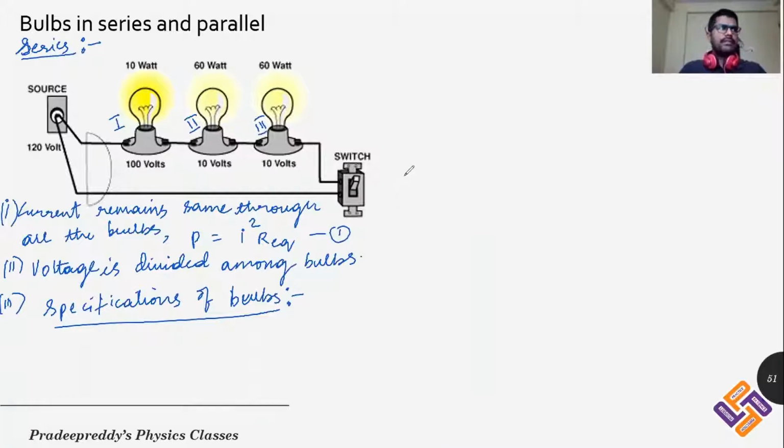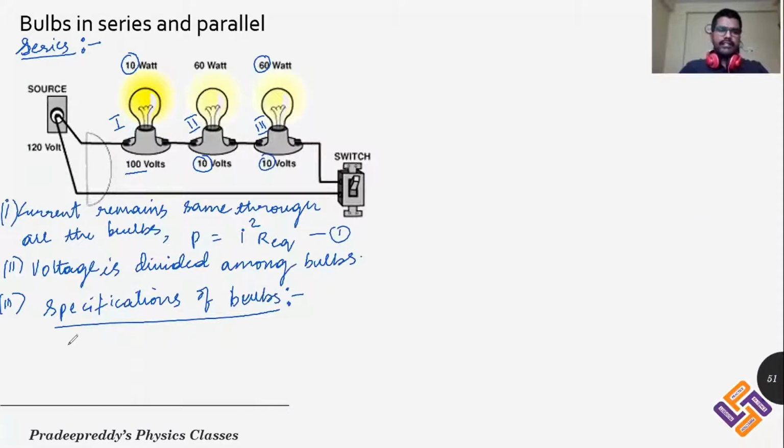The first bulb is given 10 watt and 100 volt. The second one is given 60 watt and 10 volt. And then 60 watt, 10 volt.